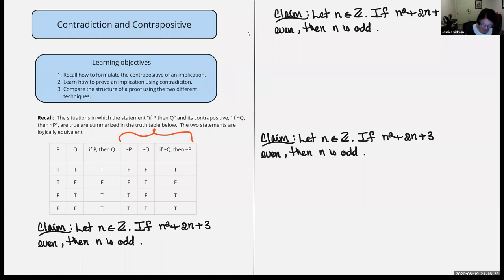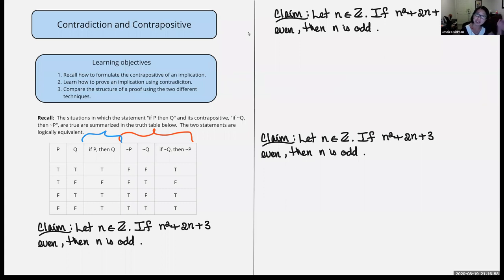But then I look at this part, which I've got in blue, and I see, wait a minute, those two columns have exactly the same truth values in them. And that's how I interpret this truth table, as telling me that P implies Q and its contrapositive, not Q implies not P, are logically equivalent, okay?